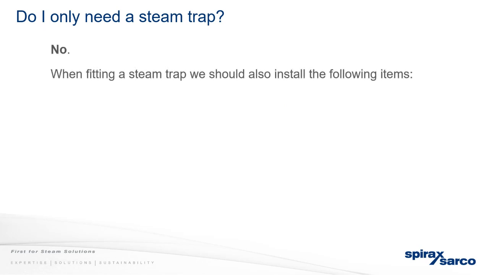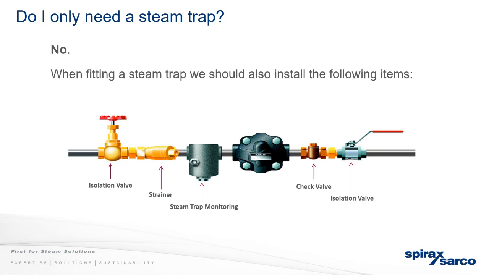So, do you only need a steam trap? Here we go. A steam trap forms part of the equipment you require. When you install a steam trap, you should have a system similar to this. You have the isolation valve to be able to turn it off if you have any maintenance, and a strainer to protect the trap. You can put steam trap monitoring in if you want digital, or if you want to be able to monitor the trap in any way without physically having to open it.